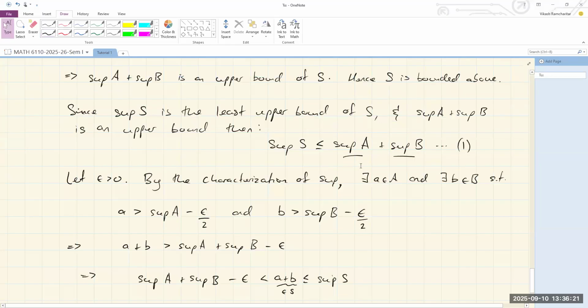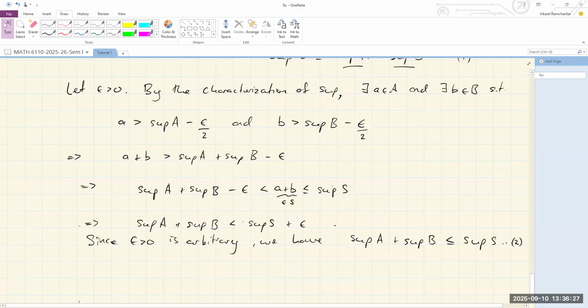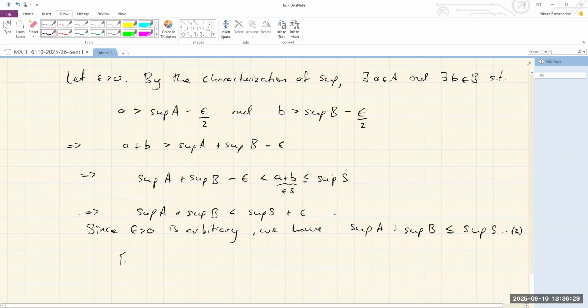So from 1 and 2, combine them both and you get what we need. This means that the supremum of S equals supremum A plus supremum B. Okay, so that's what I want to show.